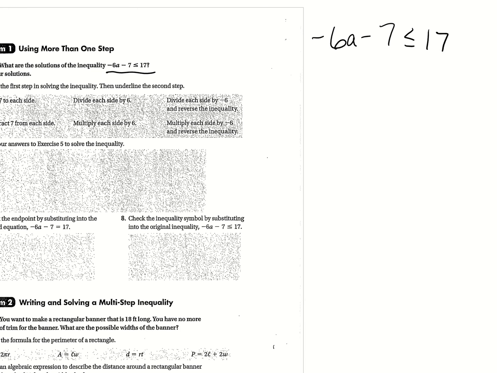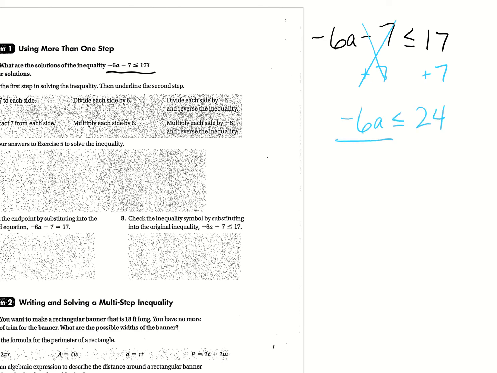So we've got negative 6a minus 7 is less than or equal to 17. Our first step is going to be to add 7 to both sides. That'll make that cancel there. Then we're left with negative 6a is less than or equal to 24.